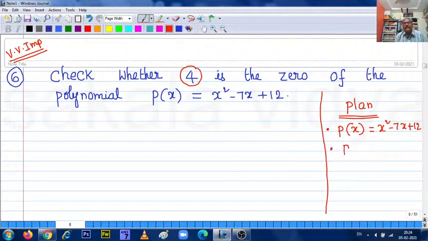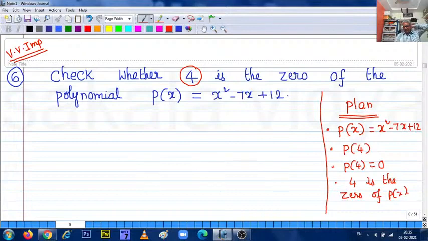So that means find P of 4. Suppose P of 4 equals 0, then we say that 4 is a zero of P of x. So we need to consider a solution like this.